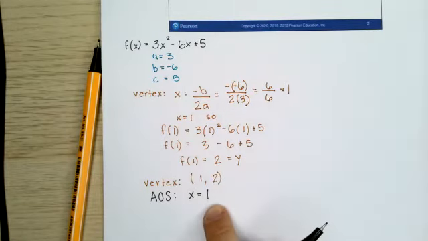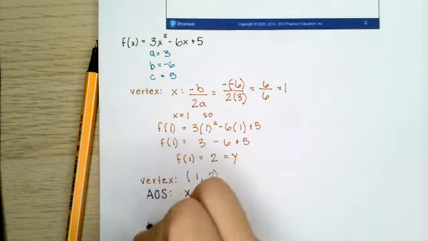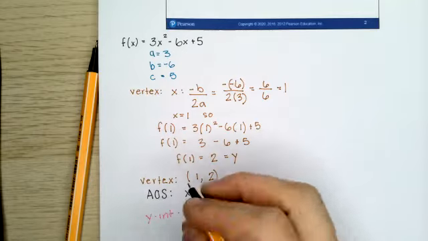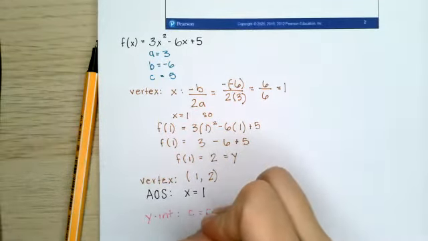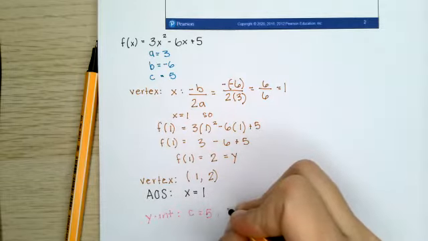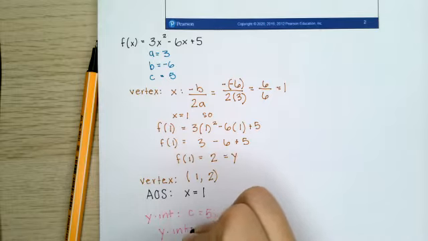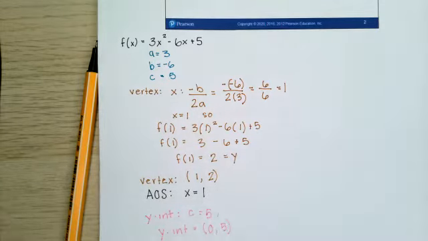So the axis of symmetry is the line x equals 1. And then y-intercept was the last question. What is the y-intercept? That is the number c. Here, c is 5. So my y-intercept is x is 0, y is a positive 5.